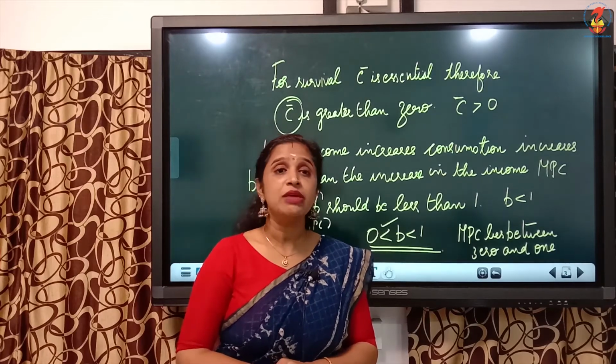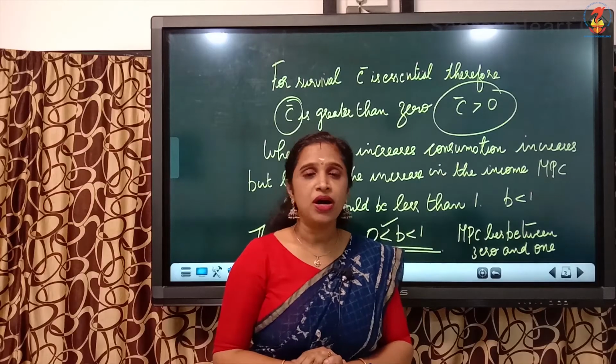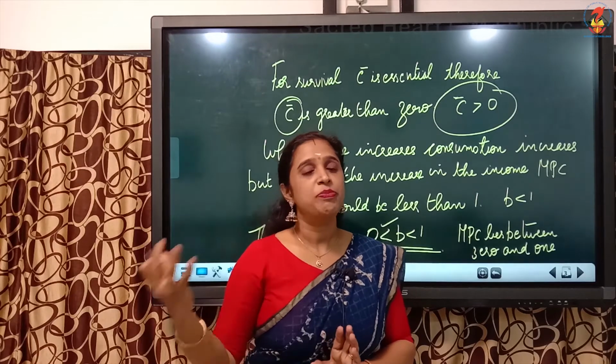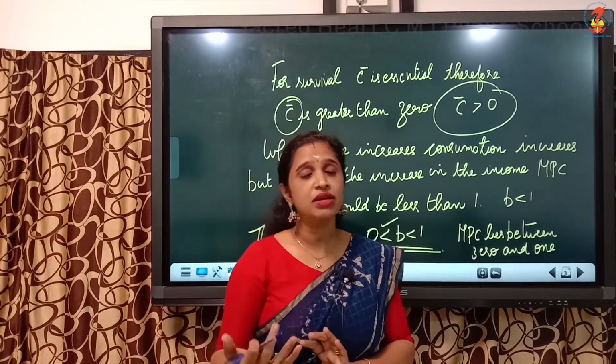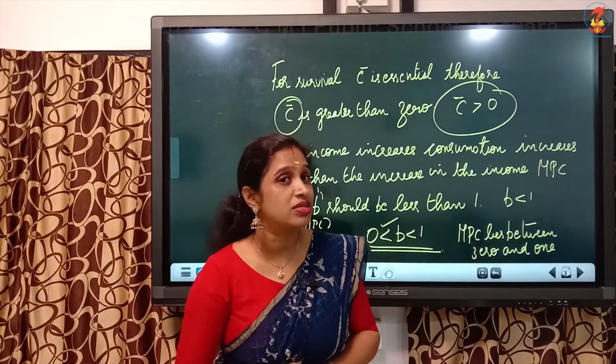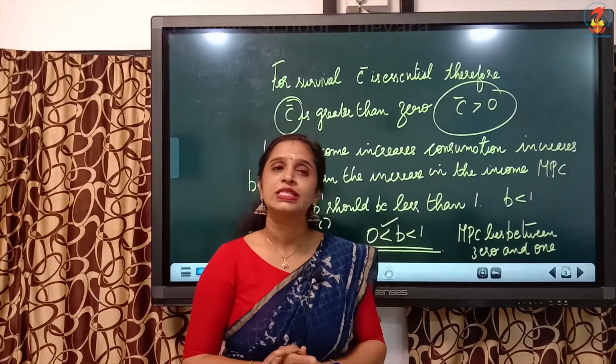C bar will always be greater than 0. It is very, very important in Keynesian economics. People cannot survive without consuming, therefore they will use their past saving.